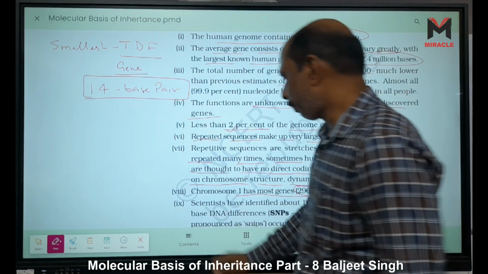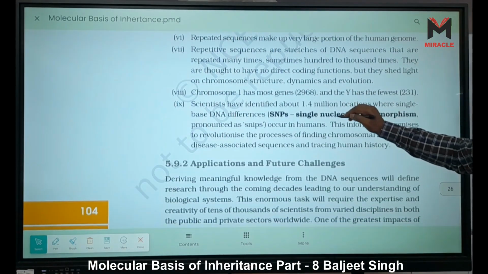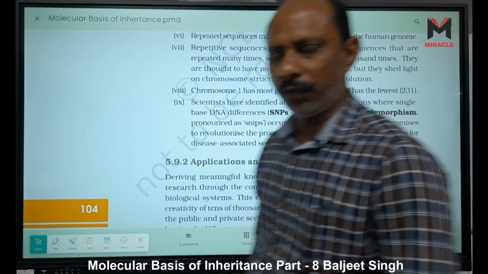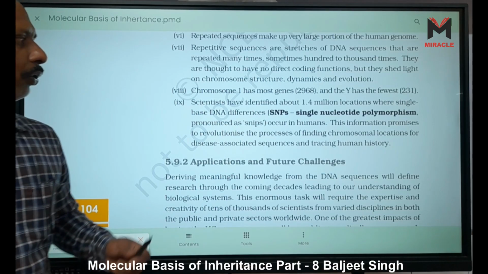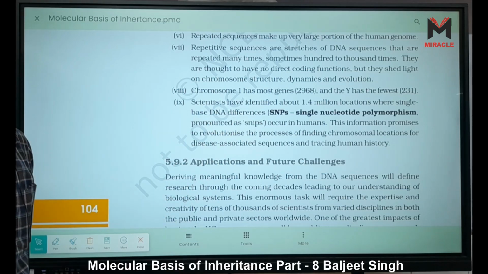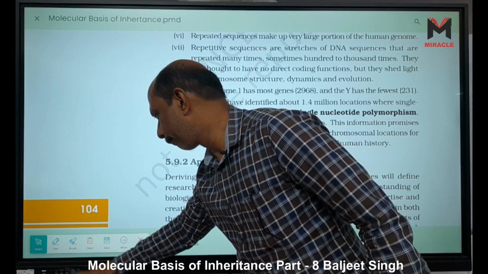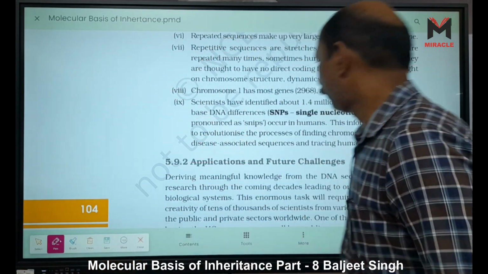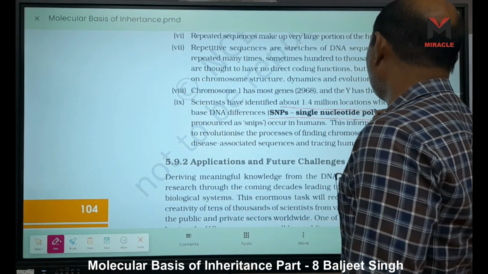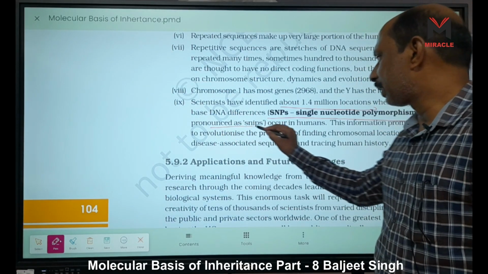And the ninth one is what? Scientists have identified about 1.4 million locations where a single base DNA difference occurs. A single base difference means single nucleotide polymorphism, which we pronounce as SNPs, right? These SNPs, 1.4 million locations, meaning loci, occur in humans.